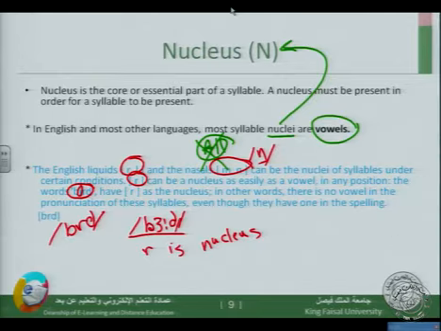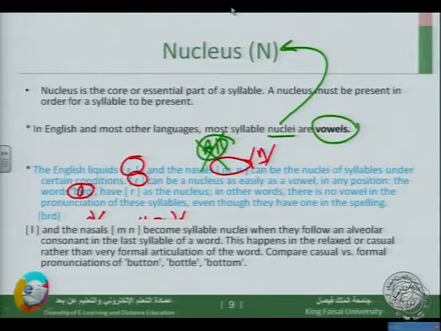So as you can see here, bird. And the nasals M and N become syllable nuclei when they follow an alveolar consonant in the last syllable of a word. This happens in relaxed or casual rather than very formal articulation of the word.